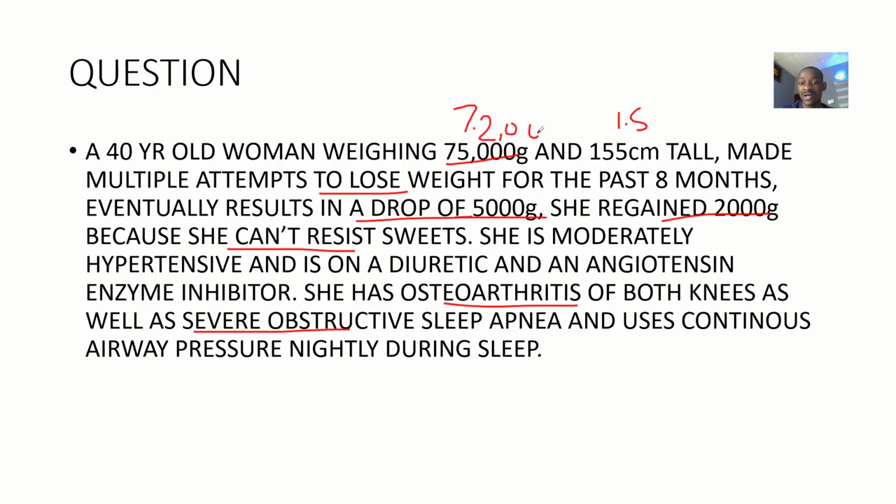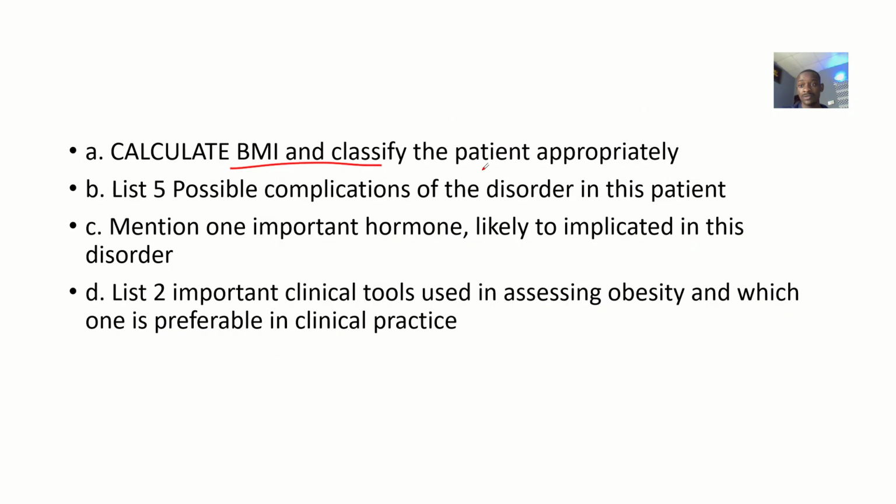That's just a small calculation there. Then let's move on. List 5 possible complications of the disorder in this patient. Mention one important hormone likely to be implicated in this disorder. List 2 important clinical tools used in assessing obesity, and which one is preferable. So they eventually mention the obesity that they're trying to ask you about.